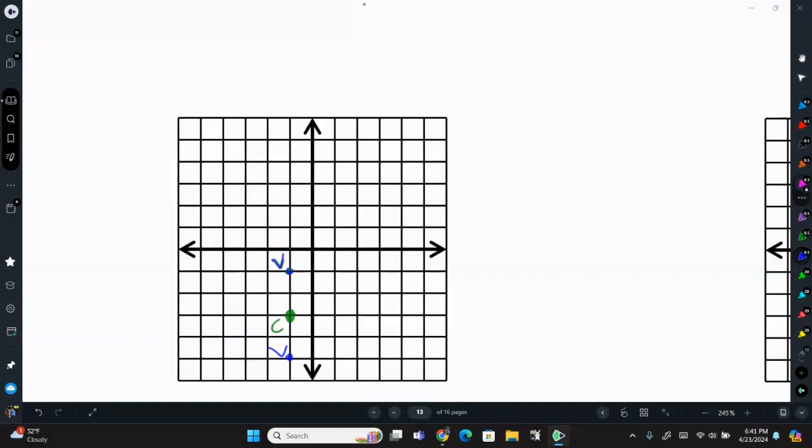Then from the center, we're going to go left or right b units, which was 5. So 1, 2, 3, 4, 5. That's a co-vertex. 1, 2, 3, 4, 5. This is another co-vertex. Then I connect them with a rectangle.